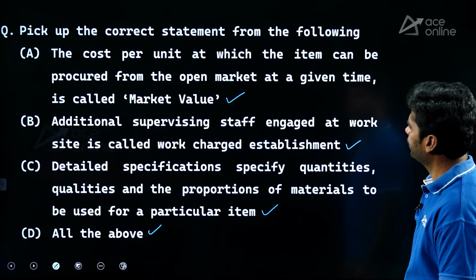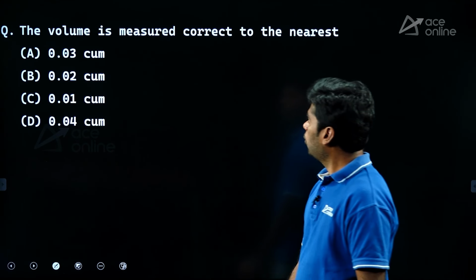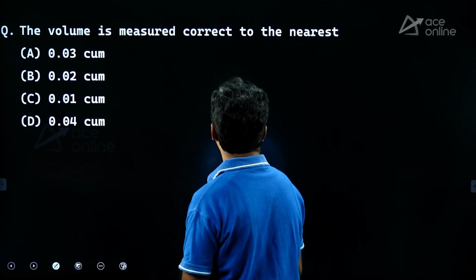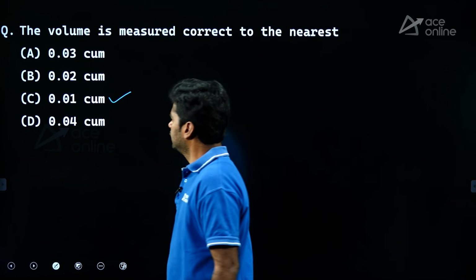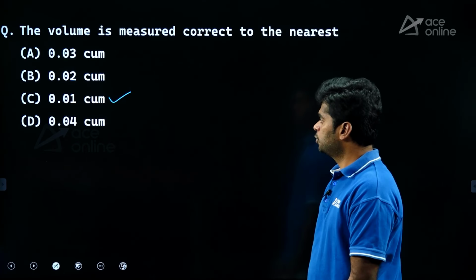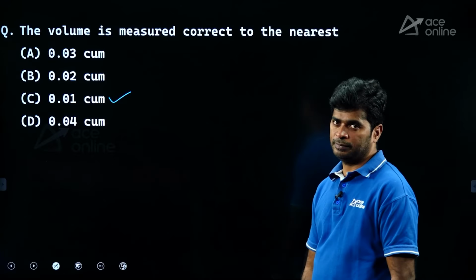Next question. The volume is measured correct to the nearest? My dear, volume is measured up to 0.01 cubic meter.